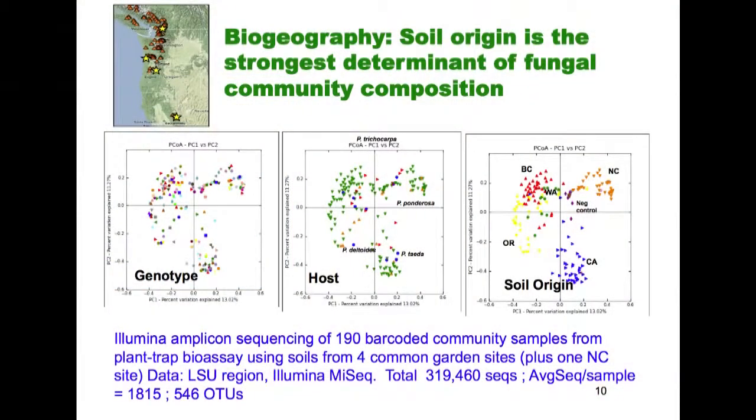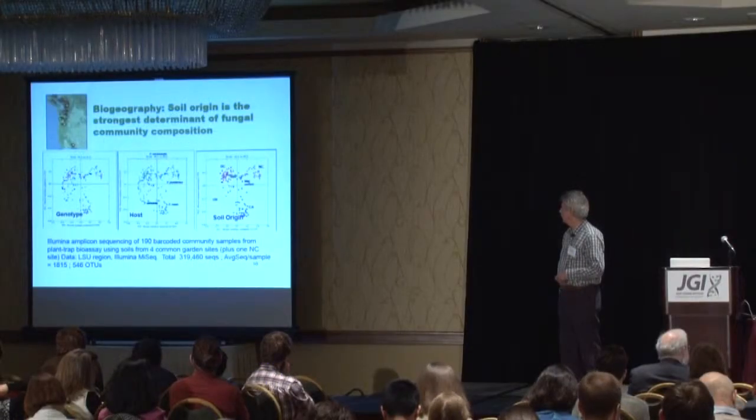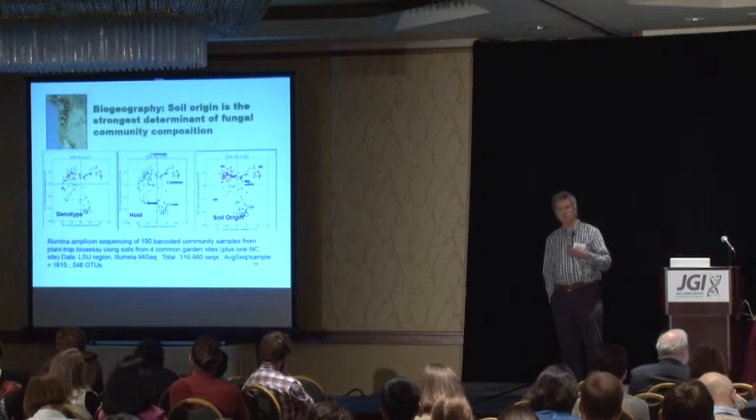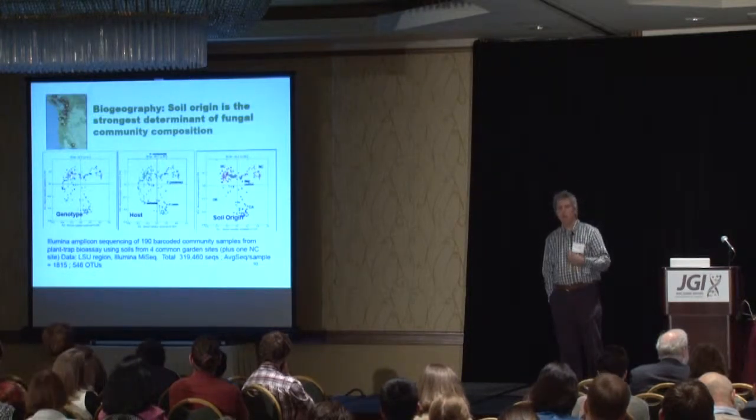So this is sort of the most recent result of our bioassay work, but nowadays using Illumina MiSeq amplicon sequencing protocols, we can basically look at hundreds of replicated community samples grown in a common greenhouse environment.